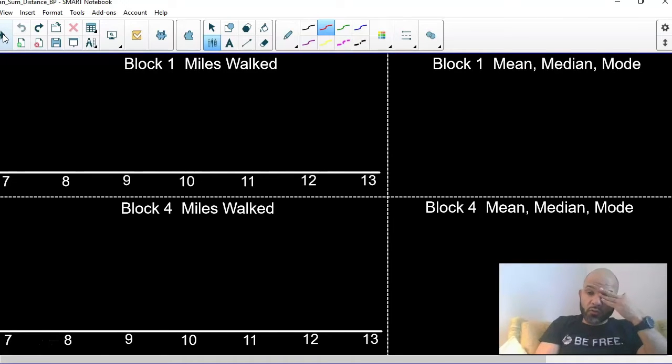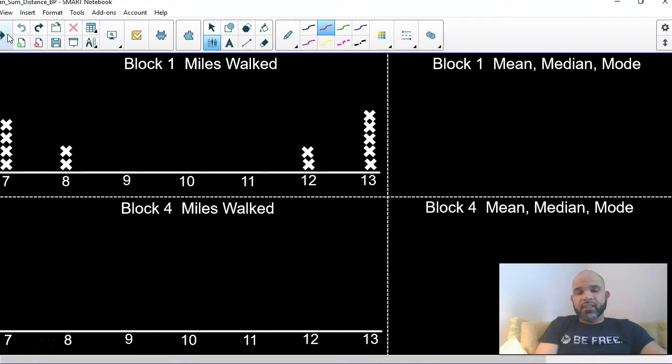All right, so going over our question from yesterday and what you should have done in your Nearpod, your first line plot should have looked like this: 4 sevens, 2 8s, 2 12s, and what's that, 5 13s. So to find the balance point, to find the mean, you had to get the sum of all the numbers, which would have been 133.